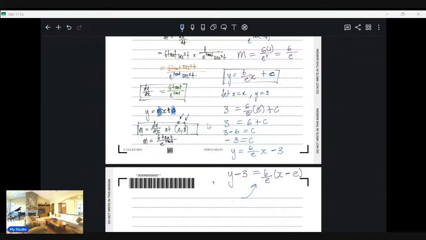So this is the correct solution, right? This is what we have found. We are not far. Can you see that? Okay.